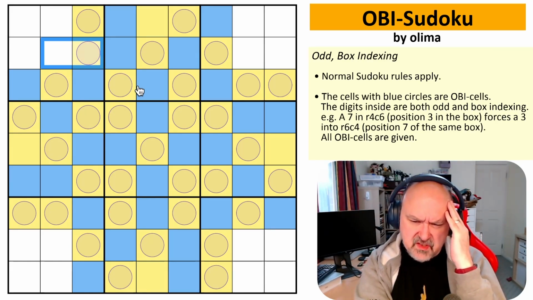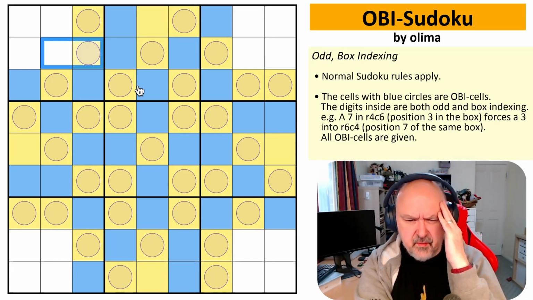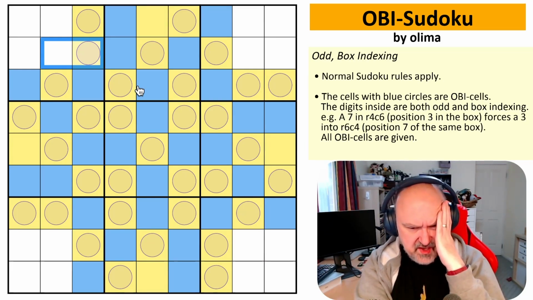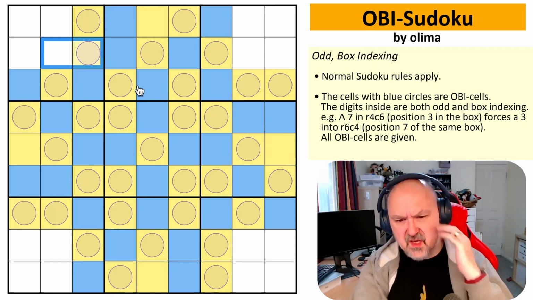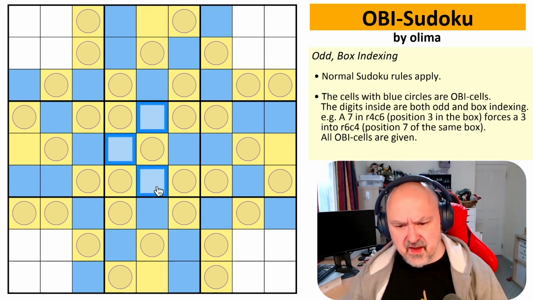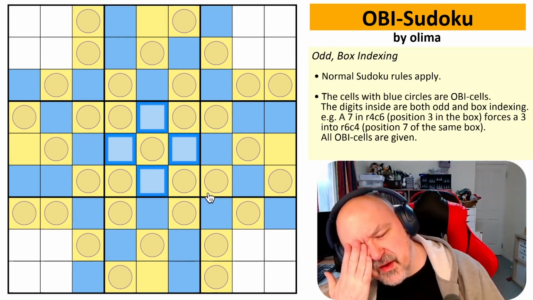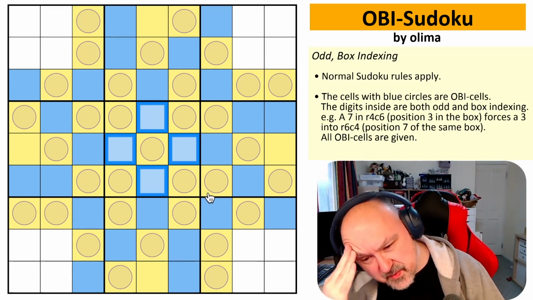So is there a box where all of the odds are in even cells? No. But there are boxes where they're mostly in odd cells, which means so these would all have to be... That's just telling me that they all have to be even and the others all have to be odd, which I've already got.